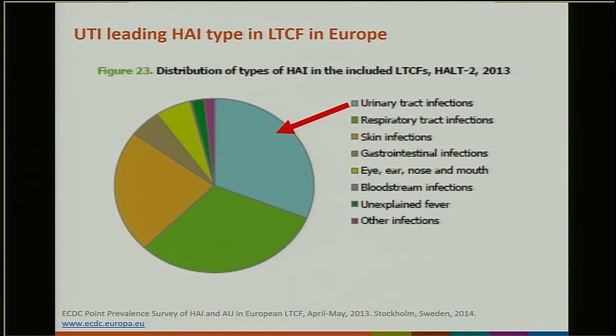In this blue pie, you can see that urinary tract infections feature quite prominently among the distribution of HAI types that occur within Europe. There are many reasons to think that nursing home care in Europe and the United States might be very different, but still in this population, urinary tract infections figure very prominently.